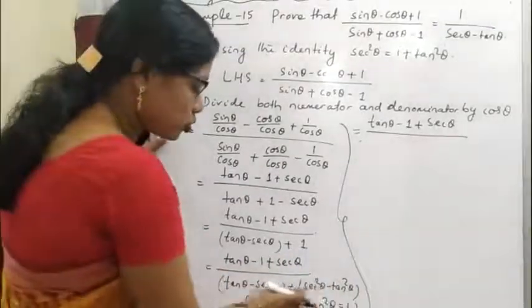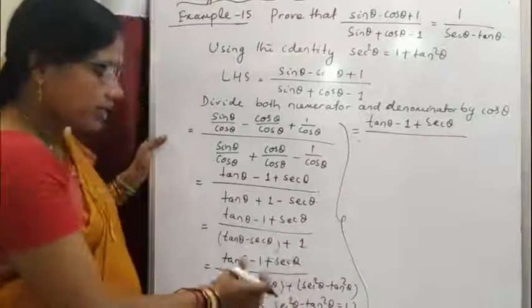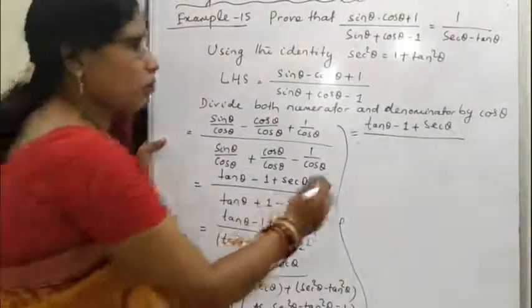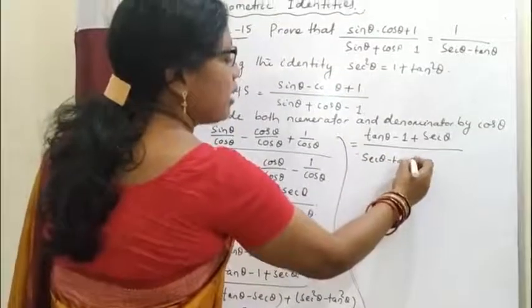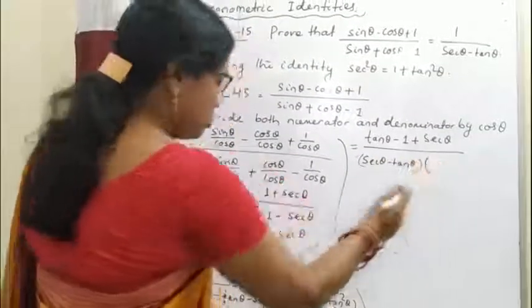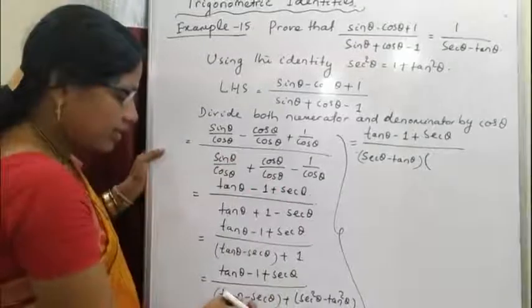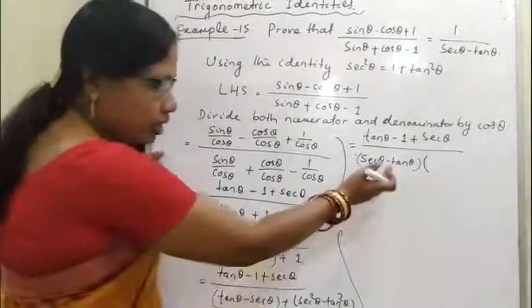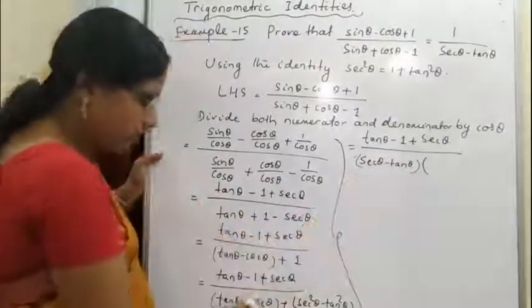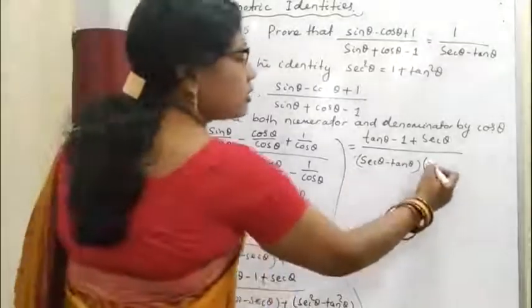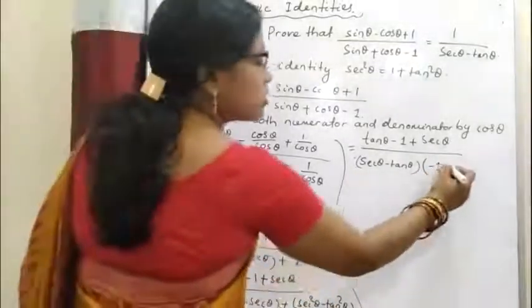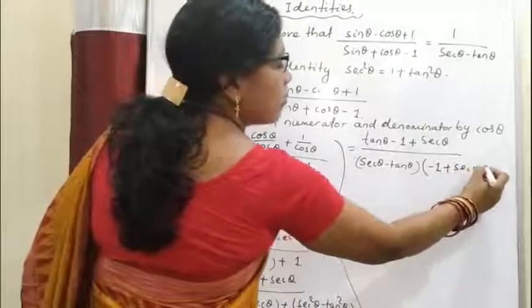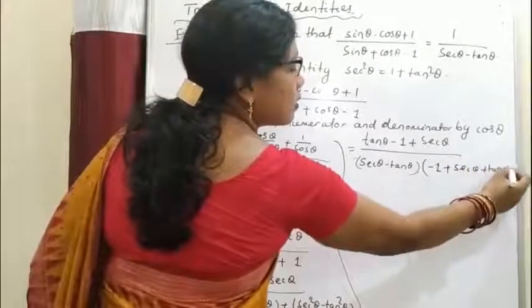In these two terms sec theta minus tan theta is common. So sec theta minus tan theta whole into, from this tan theta minus sec theta I have taken sec theta minus tan theta, so minus 1 will come from the first term, plus sec theta plus tan theta.